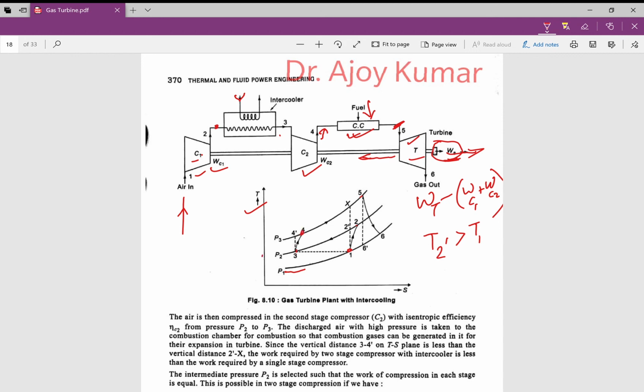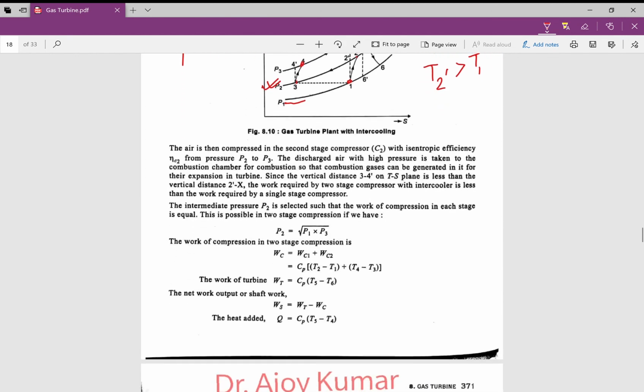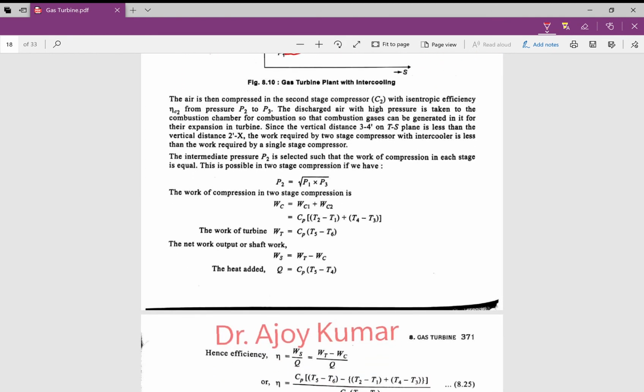So this P2, the intermediate pressure for a perfect intercooler, comes as square root of P1 into P3, right? So we should remember, for perfect intercooling, intermediate pressure P2 should equal the square root of P1 and P3.